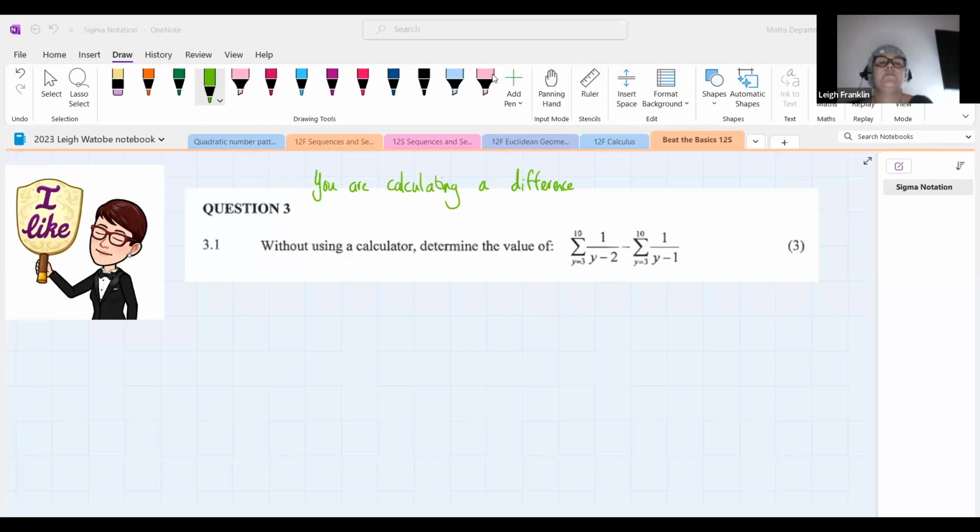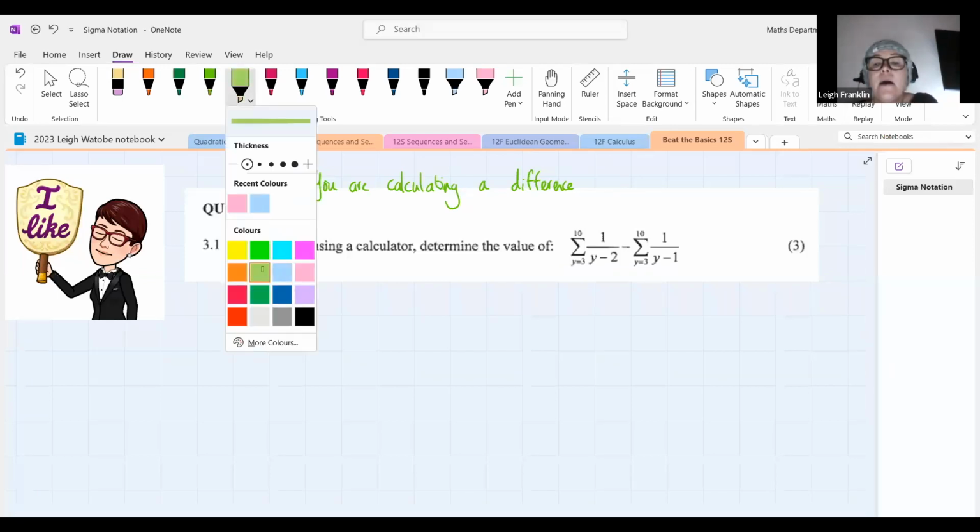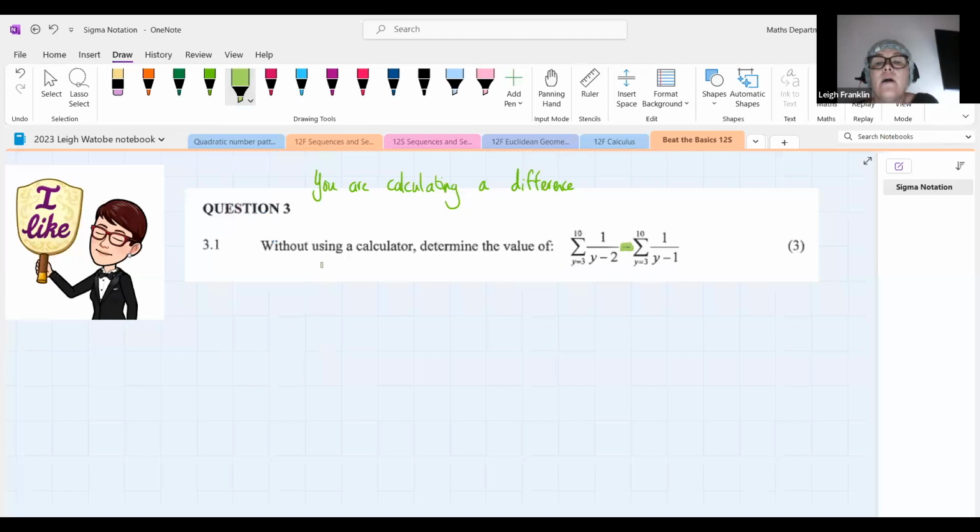So the word difference means you are calculating something where there was a subtraction or a minus, quite right. And we see the minus here. Let's just highlight it. Let's get a green highlighter. There's the minus over there. I hope that's made it more obvious and not, in fact, hidden it away. Okay, so you are calculating a difference.